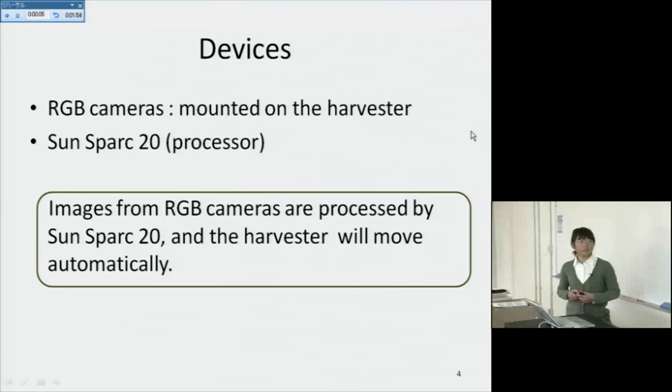The devices are RGB cameras mounted on the harvester, and a processor named SunSpark 20. Images from the RGB cameras are processed by SunSpark 20, and according to the processed data, the harvester will move automatically.